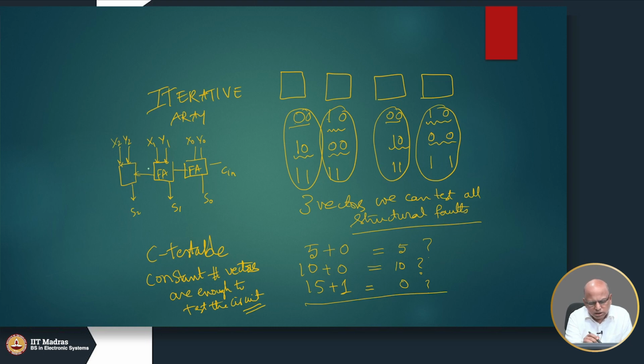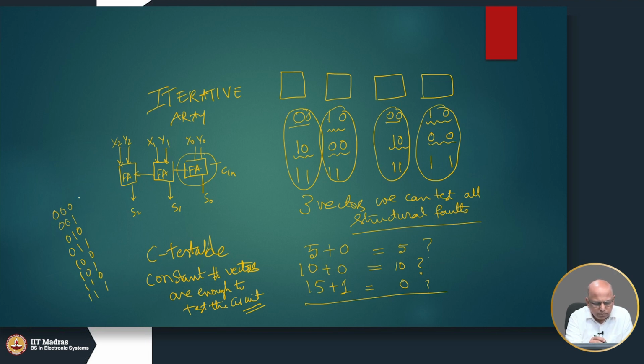If we know that internally it is built like this, we have a full adder with 3 inputs. So, we can apply all the necessary inputs. There are 8 inputs: 0 0 0, 0 0 1, 0 1 0, 0 1 1, 1 0 0, 1 0 1, 1 1 0, 1 1 1.